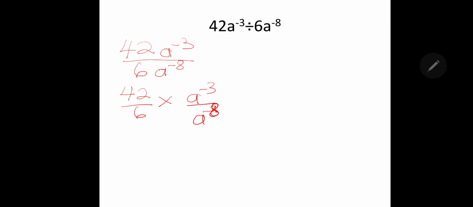Let's see our 6 times table. 6 ones are 6, 6 twos are 12, 6 threes are 18, 6 fours are 24, 6 fives are 30, 6 sixes are 36, 6 sevens are 42. So 7 times. Two same bases are dividing, you subtract their index.